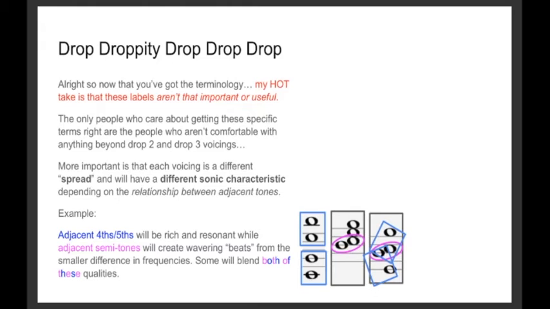You have some fifthiness, and you have a minor second between the B and the C. So it's going to be resonant with the fifths, but it's also going to have that shimmery quality. And this is a popular one. It's a nice, multi-purpose chord. You could use this as a substitute over an A bass note for an A minor 9 or whatever. That's the drop 2 voicing there.